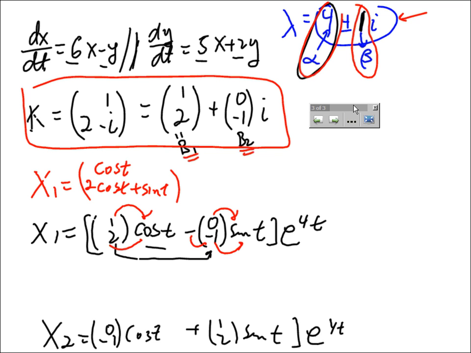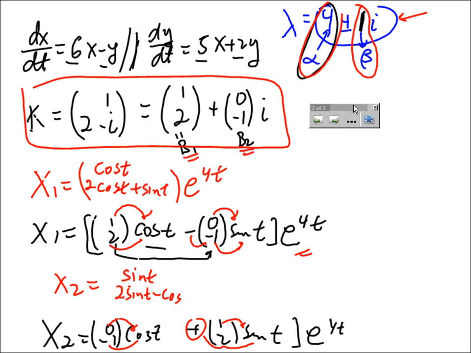And this gets multiplied by e to the 4t. And x2 is equal to 0 cosine t plus 1 sine t, which is just sine t. In the bottom, I like to write positive things first. You have positive 2 sine t minus cosine t. And this is multiplied by e to the 4t.